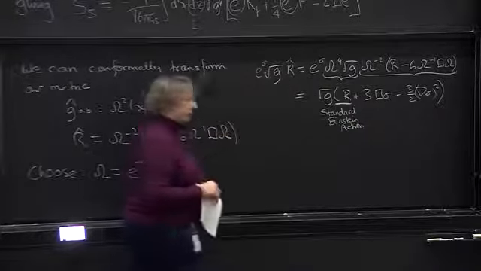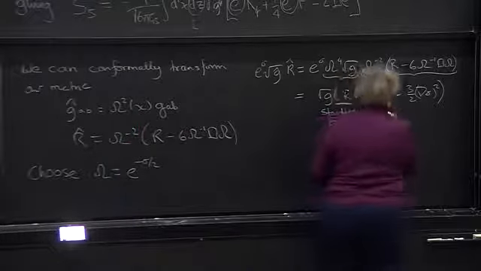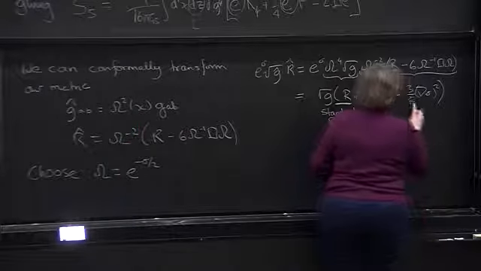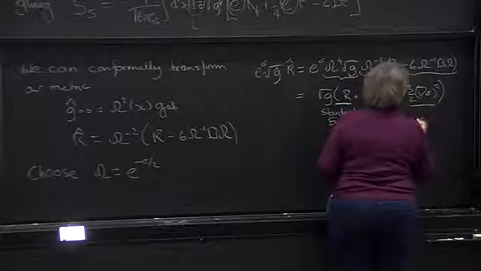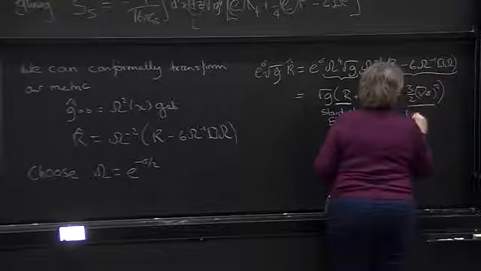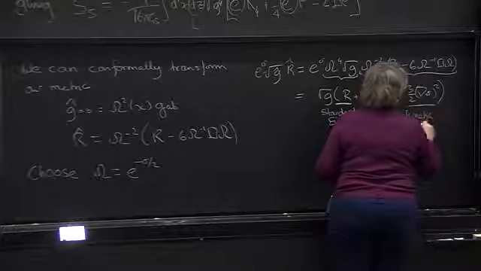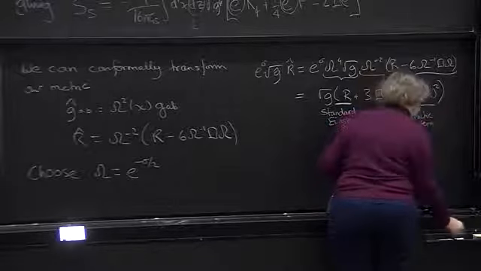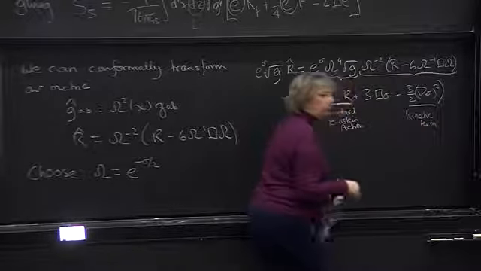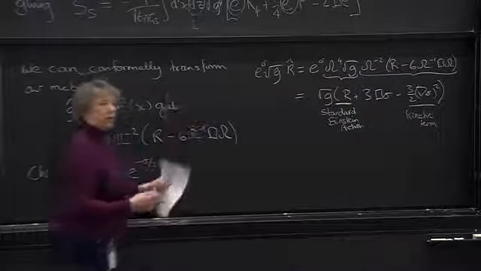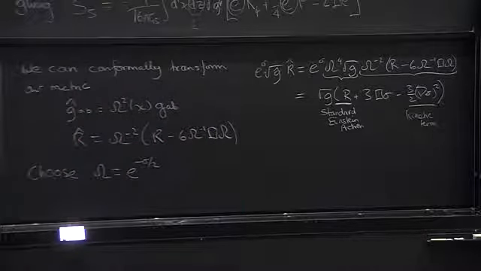We've got a total derivative, this piece, and then out here we've now got a kinetic term for our scalar. So doing a conformal transformation shouldn't really change our degrees of freedom.